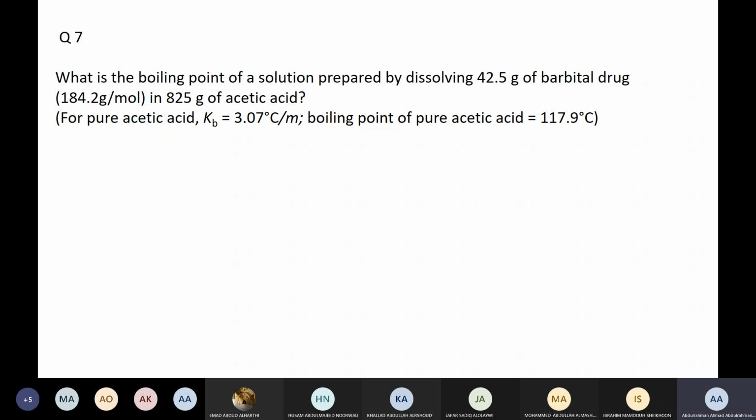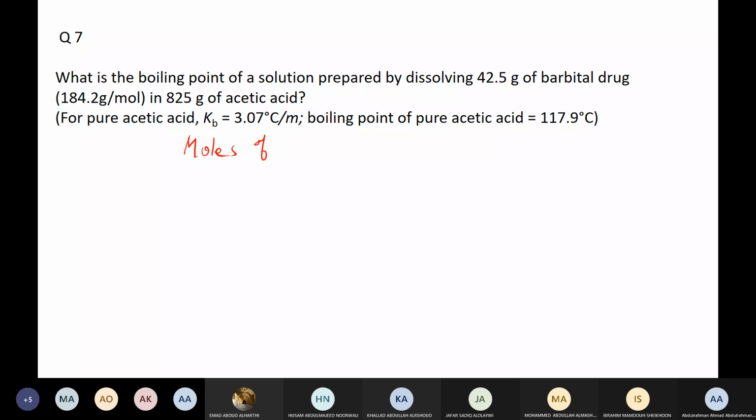For pure acetic acid, Kb is 3.07, and the boiling point of pure acetic acid is 117.9. What should we do? First, find the moles.